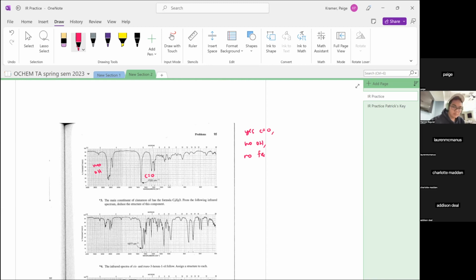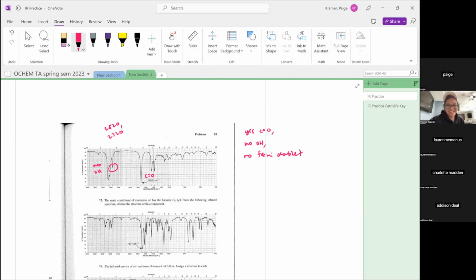No Fermi doublet. The Fermi doublet would be over here, where we're looking for those two peaks at 2820 and 2720. Those are Fermi doublets, which indicate aldehydes, because the second peak is being eaten up by the major one.